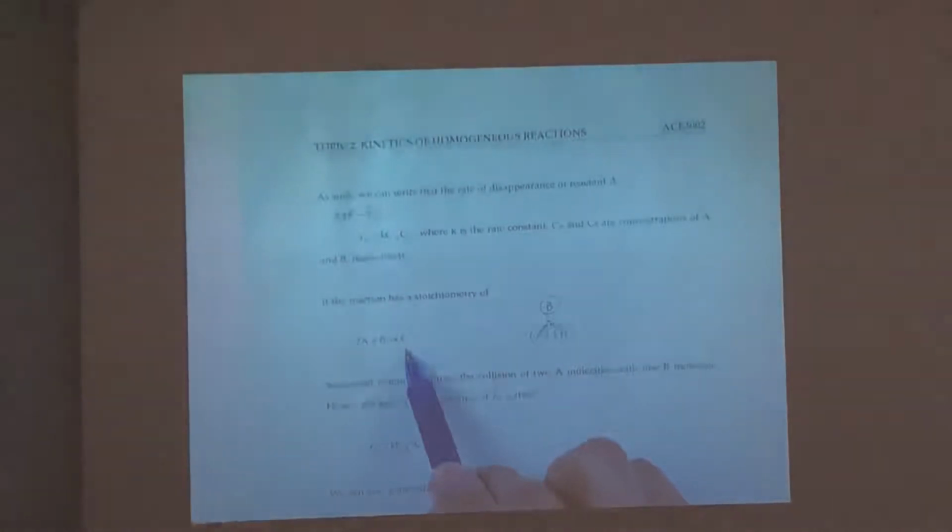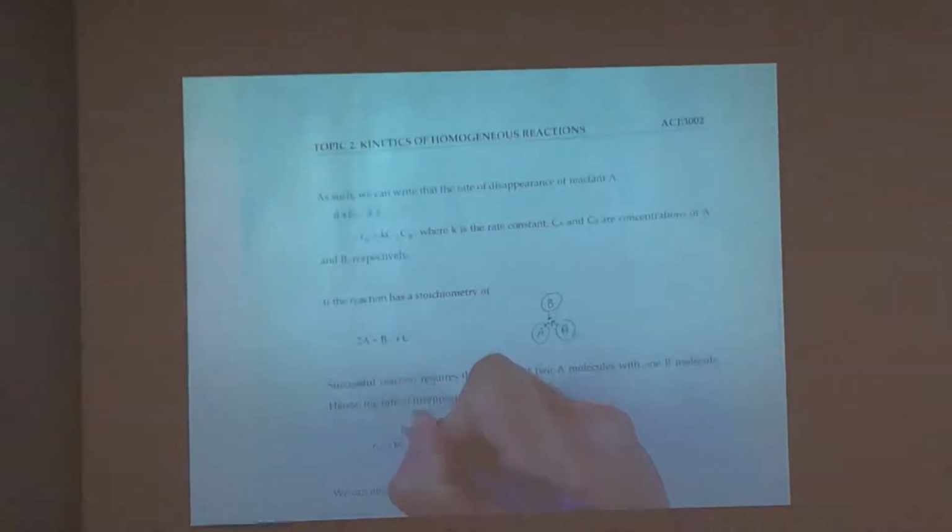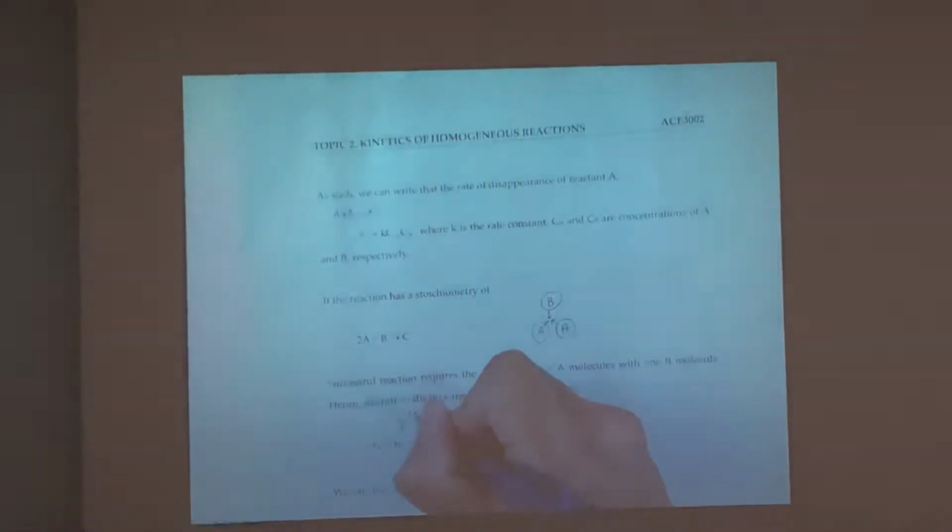Okay? Therefore, the rate of disappearance of A will be k times [A] squared times [B]. This indicates that the rate of reaction depends on the concentration of A. So this is representing 2[A], right?